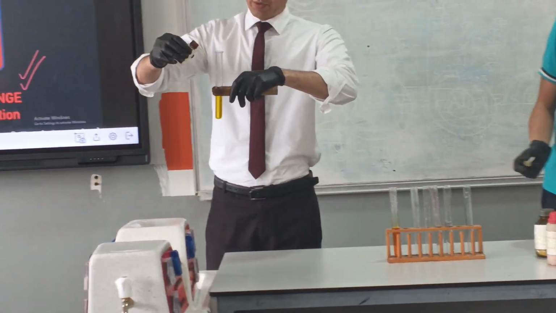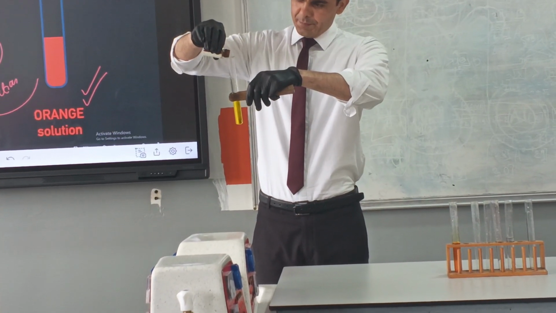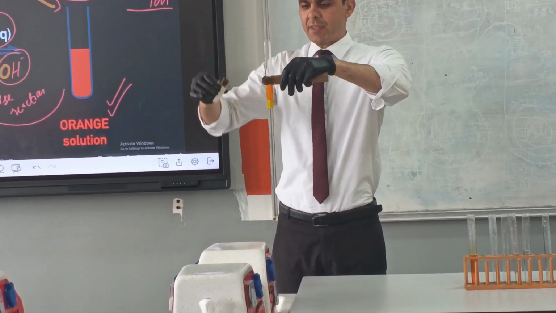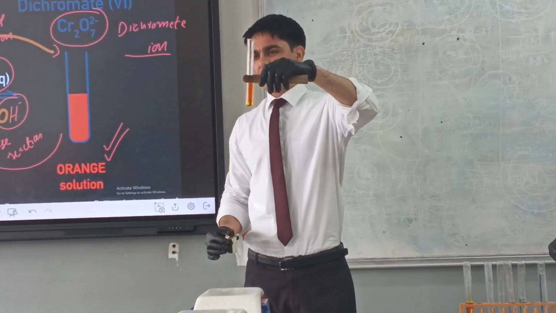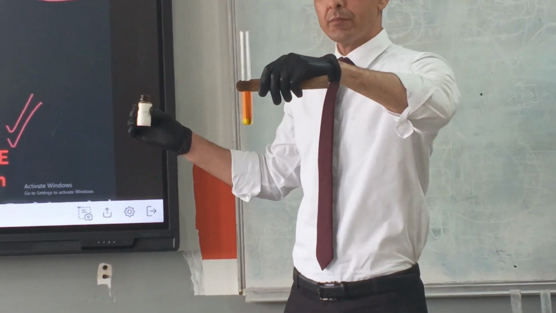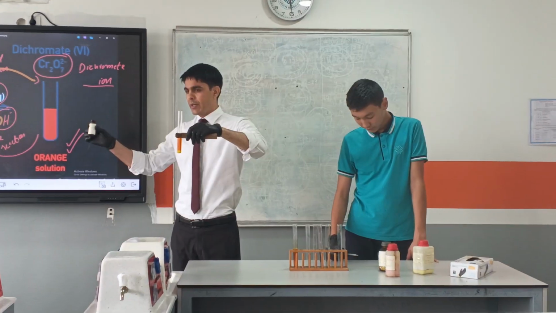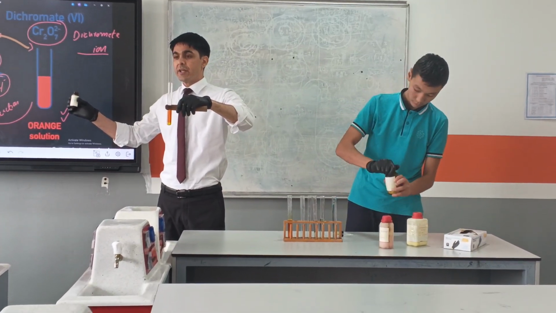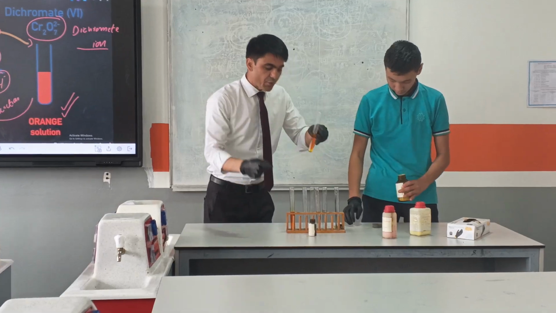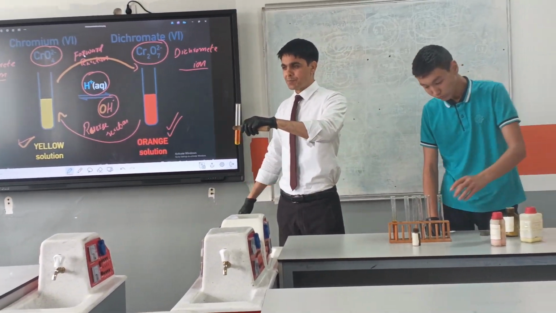We can directly add it. Let's see the result. So the yellow color turned to orange. And what did we add? Acid. Which acid is it? Nitric acid.